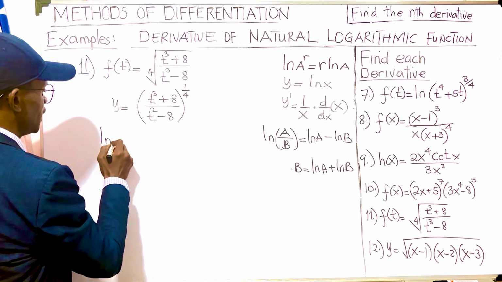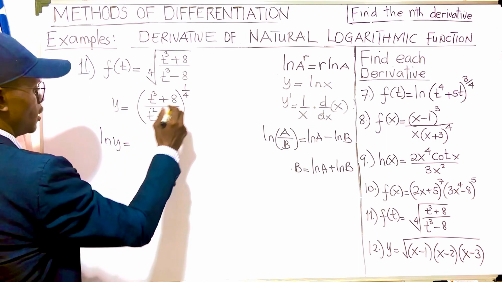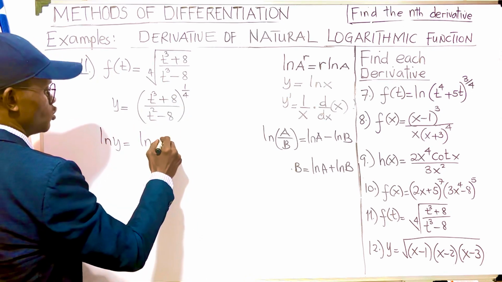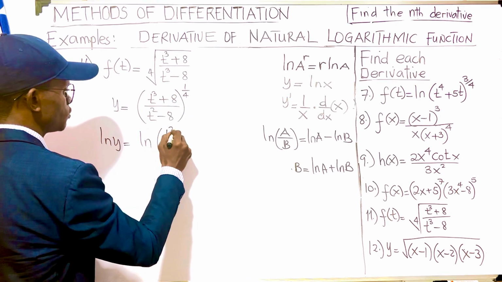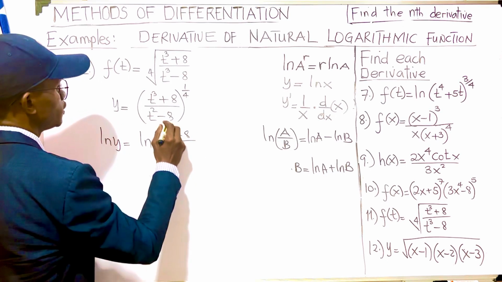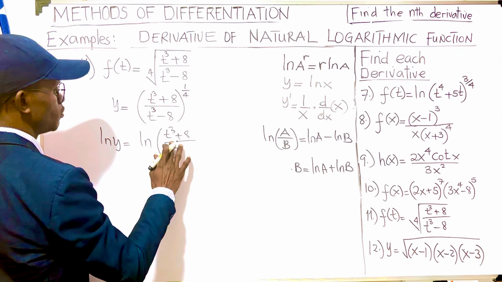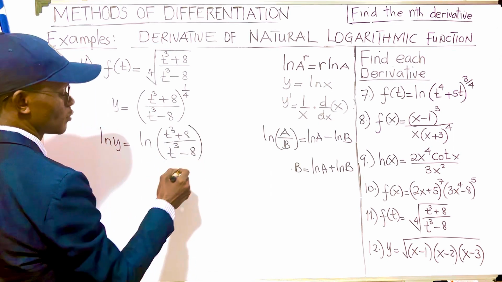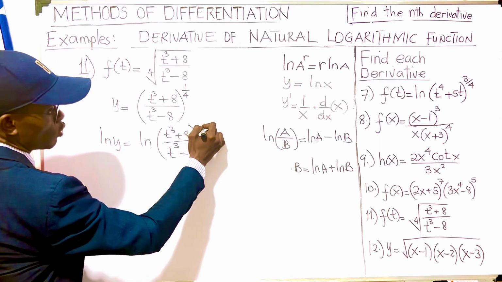Now we can take the ln of both sides, ln of y, and ln of t cubed plus 8 all over t cubed minus 8 raised to the power 1 over 4.